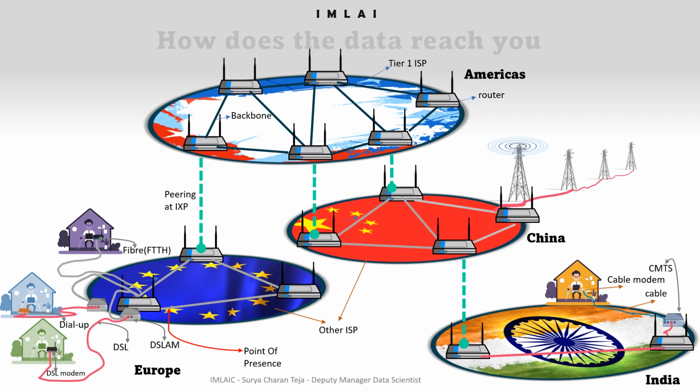And for businesses in commercial areas, it may make sense to lease a high speed transmission line from the offices to the nearest ISP, internet service provider. For example, in India, a T3 line runs at roughly 45 Mbps.